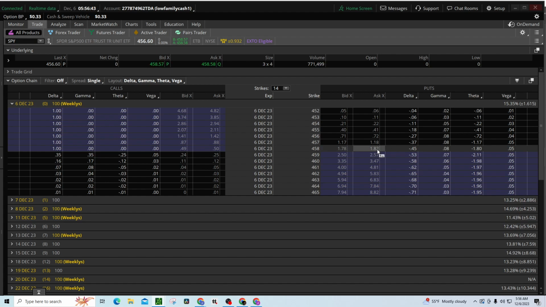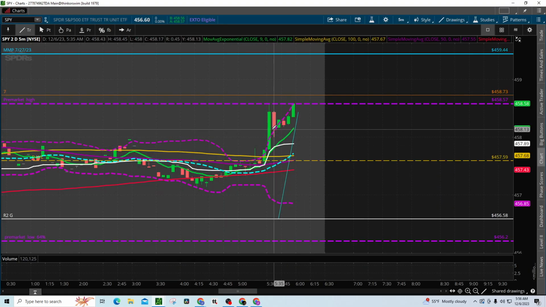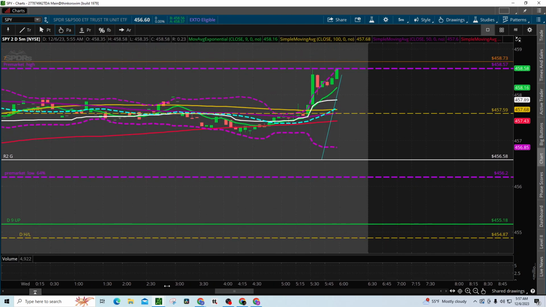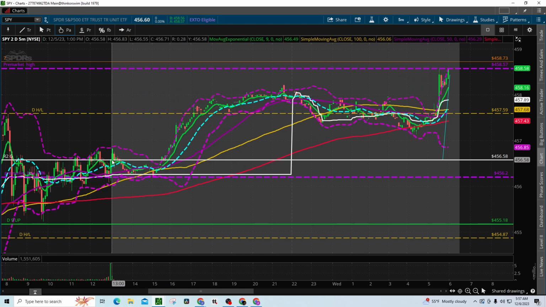Actually, the way we should do it is this way. I know the day before, if SPY opened at the same price, we know the option price was like $1.82 here. Let's say it moves up, down, and before the market opens, it opens at the exact same price that it closed, okay?